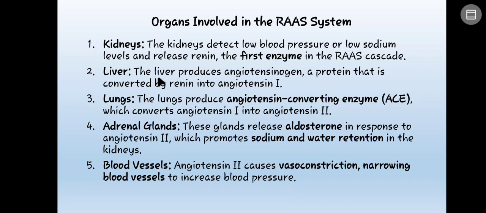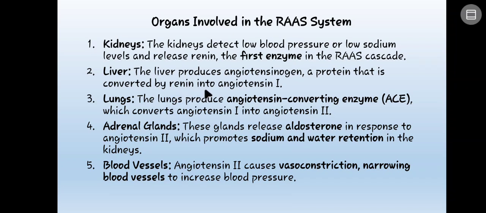So the kidneys, the liver. In the renin-angiotensin-aldosterone system, it is the liver that produces angiotensinogen, and this angiotensinogen is a protein. There are a lot of proteins in the blood that are produced by the liver, and one of them is angiotensinogen.